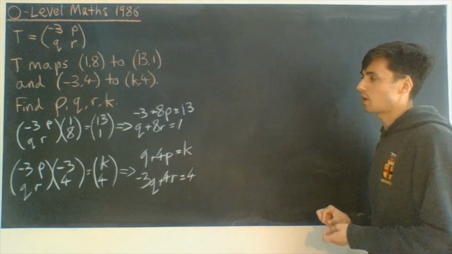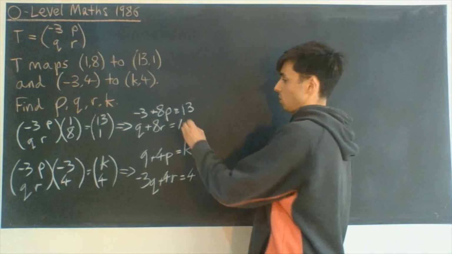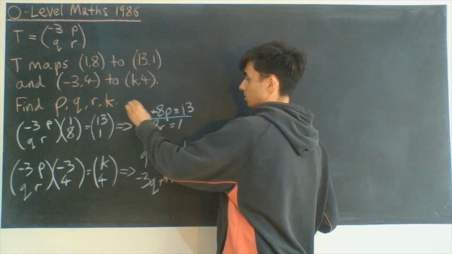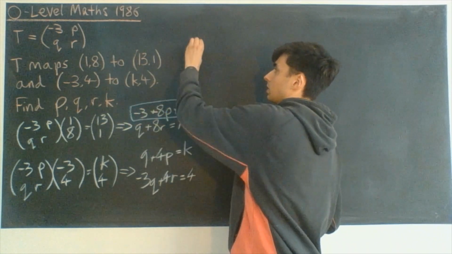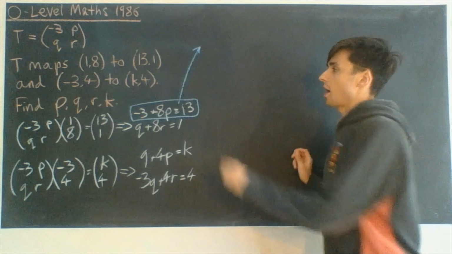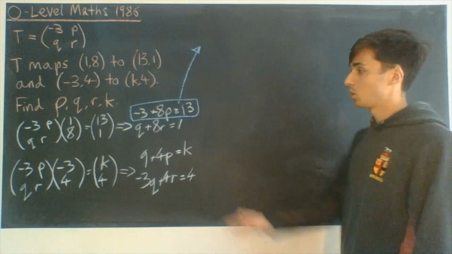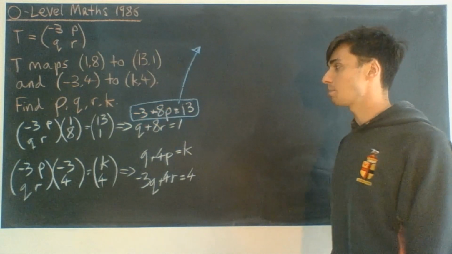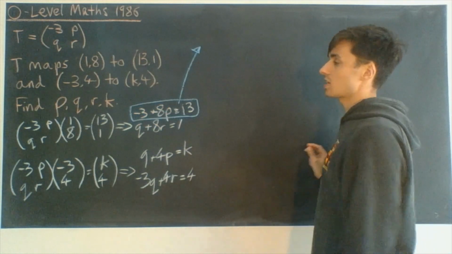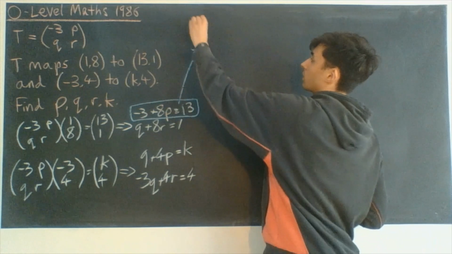Well, what we should do first is zoom in on this equation, and the reason why is because this is the only one that has just one unknown. We've got minus 3 plus 8P equals 13. So let's think about what that tells us.